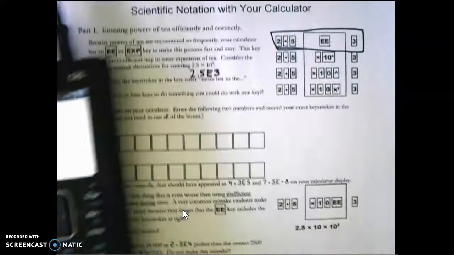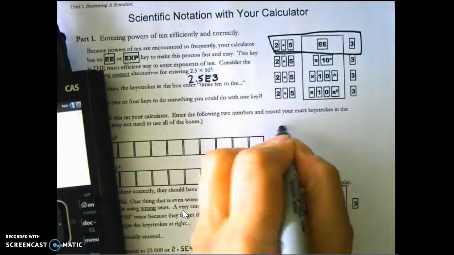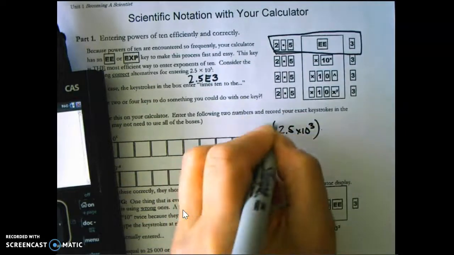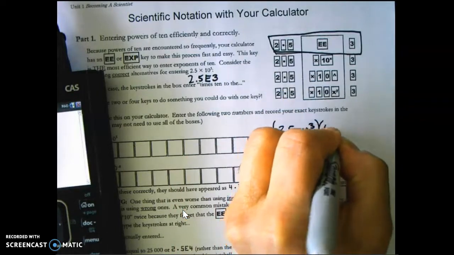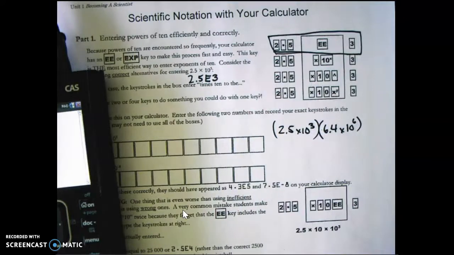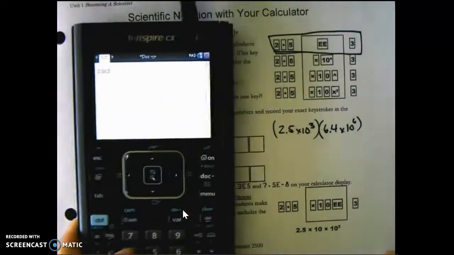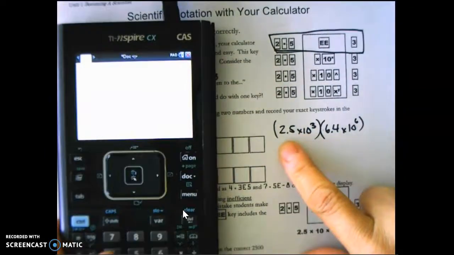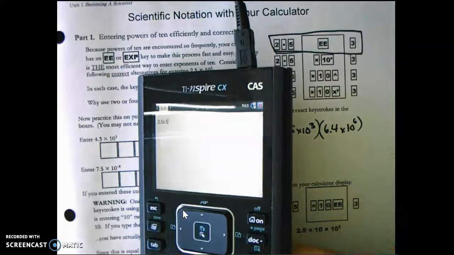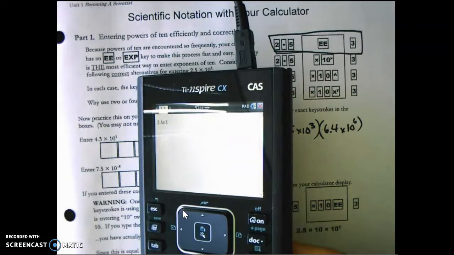So if I want to do 2.5 times 10 to the third times 6.4 times 10 to the sixth, I don't need parentheses to do that because there's only one real times that's going to happen. So I can do 2.5 E3, and then the next thing I can do is push times.